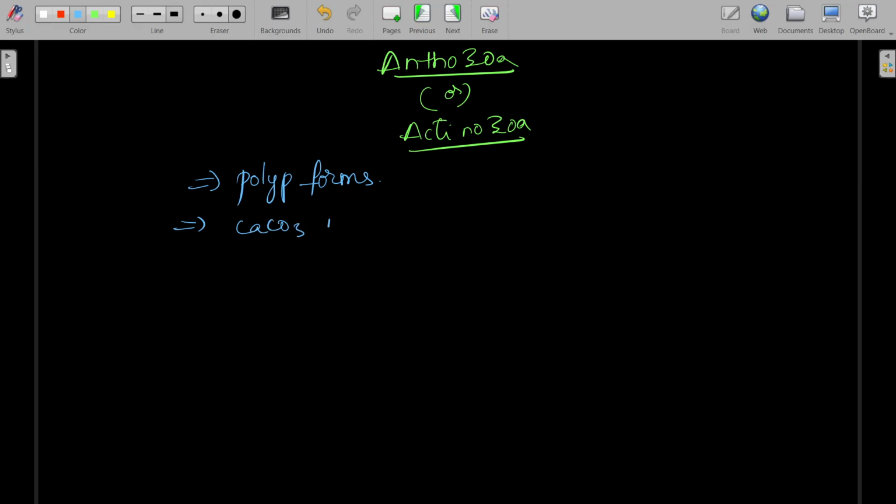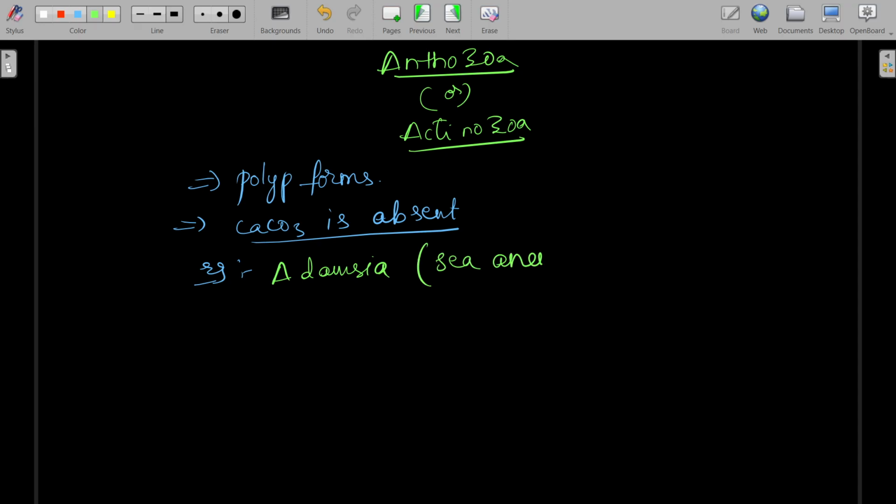Calcium carbonate is absent, so they cannot form corals. An example is Adamsia, the sea anemone.